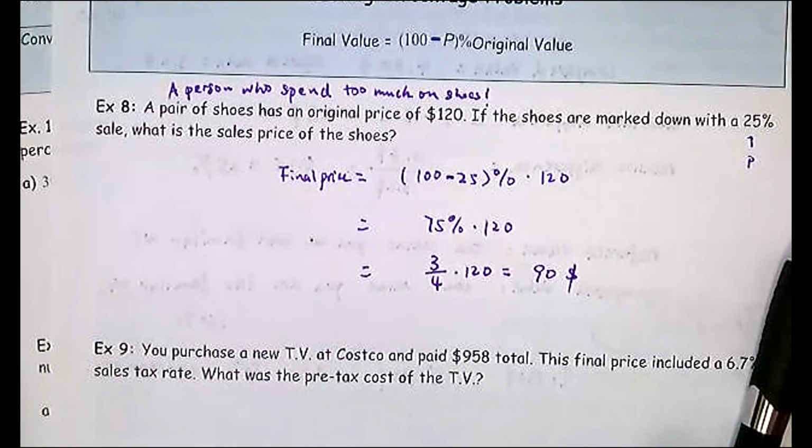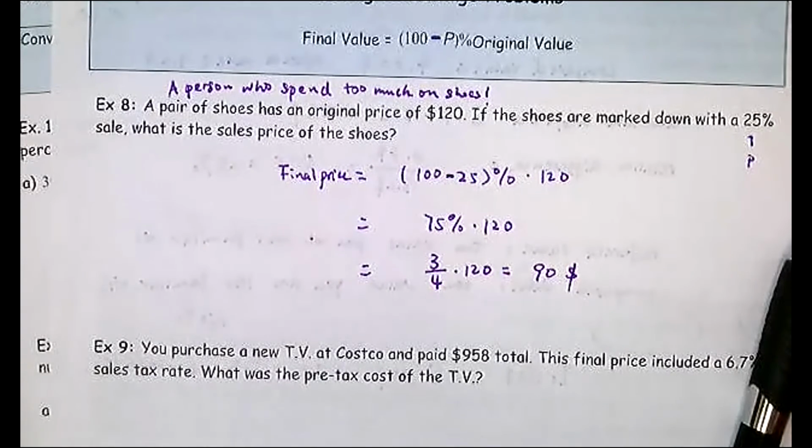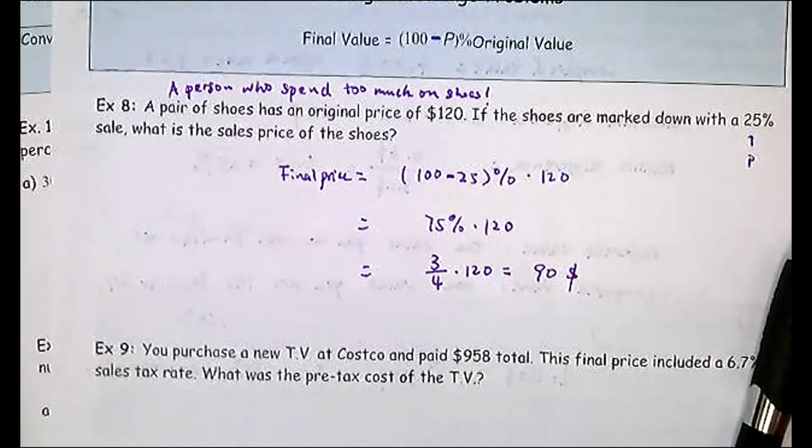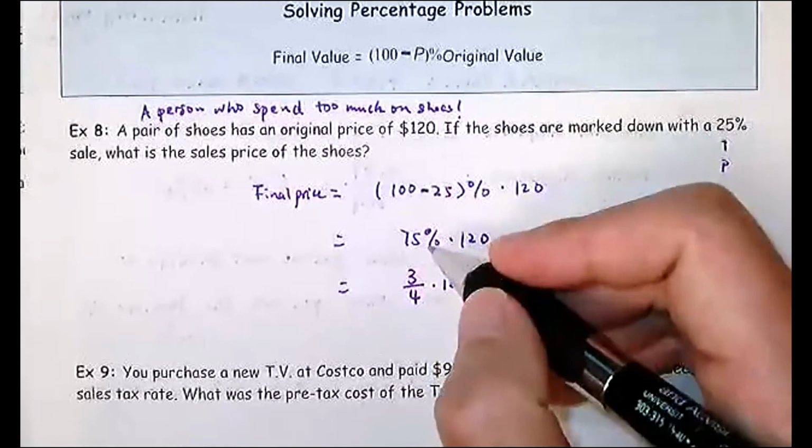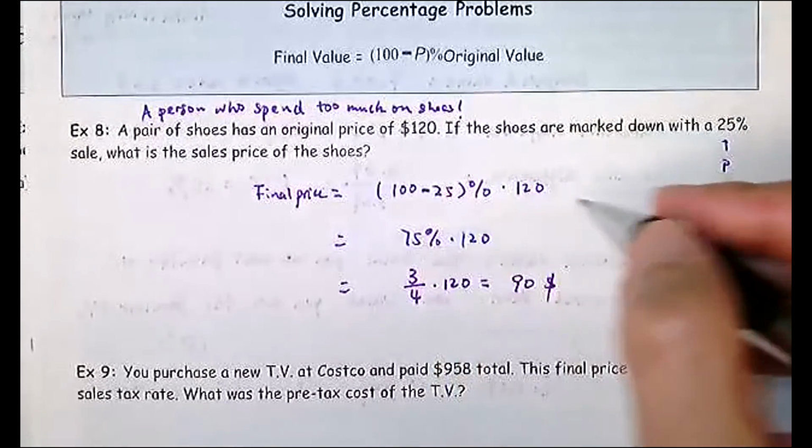Okay, anyone has any question on this one? How do you get 3 divided by 4? Okay, thank you for asking this question. I have done this question so many times.